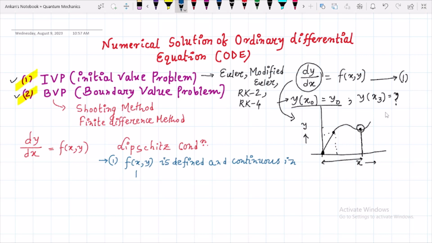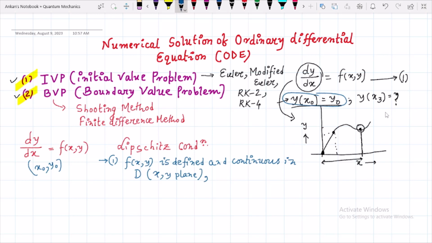D is some xy plane, which I have designated as D. And (x0, y0) is the initial condition employed here. So (x0, y0) is some point present in this xy plane, that is, in D.